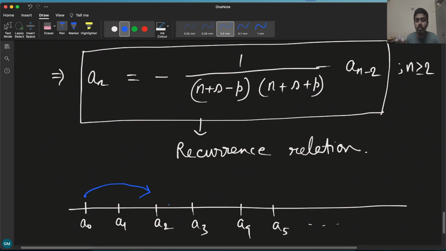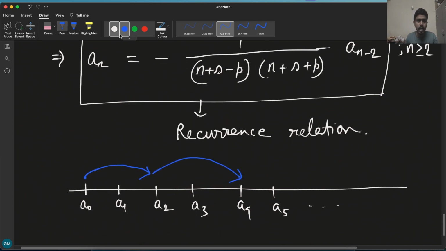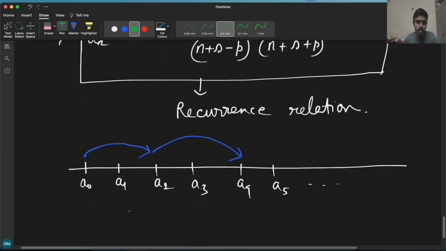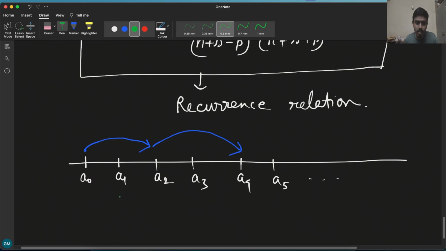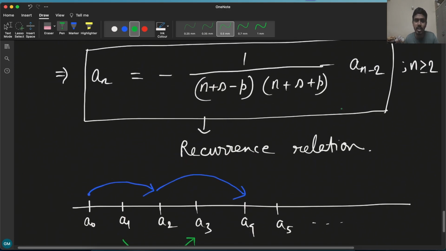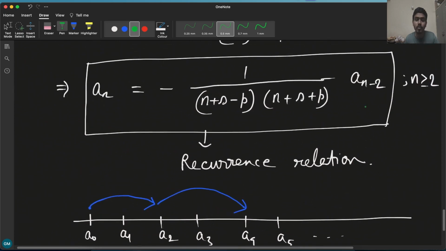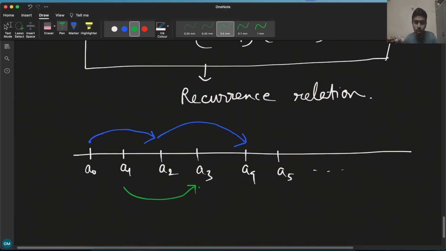If I know the value of a2, then put n equals to 4 in the recurrence relation and you will get the value of a4 in terms of a2. It also says that you can start from a1, and if you put n equals to 3 in this recurrence relation, you will get a3 in terms of a1. Similarly, if you know a3, then you can find out a5.